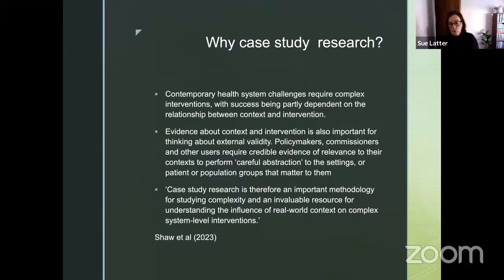Then we did 4 case studies of practice that I referred to earlier. And then we wrapped that up with a co-production workshop at the end where we presented our findings and asked people to generate recommendations and implications with us. So case studies can be part of a bigger design too.